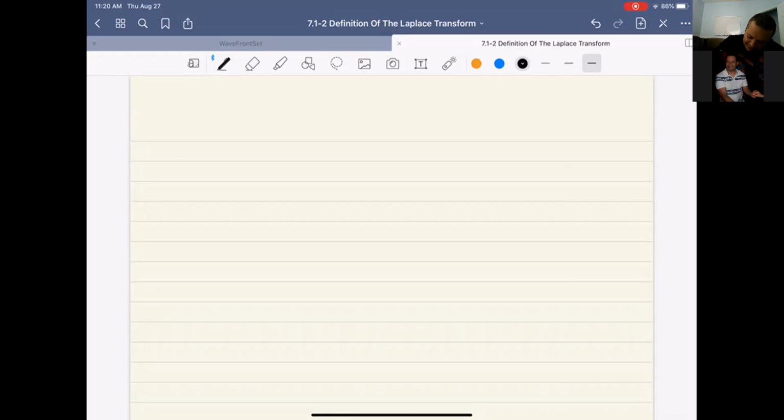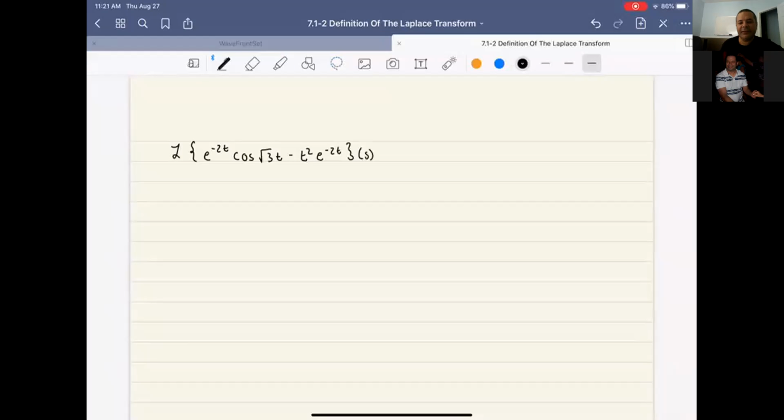We're going to take the Laplace transform of e to the negative 2t cosine square root of 3t minus t squared e to the negative 2t.